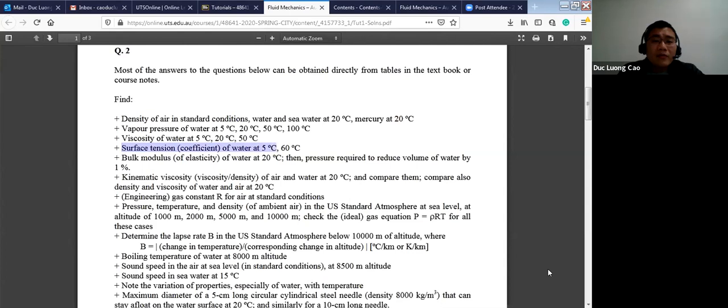Surface tension coefficient of water at 5 and 60 Celsius. And what is surface tension coefficient? Here you have surface tension.